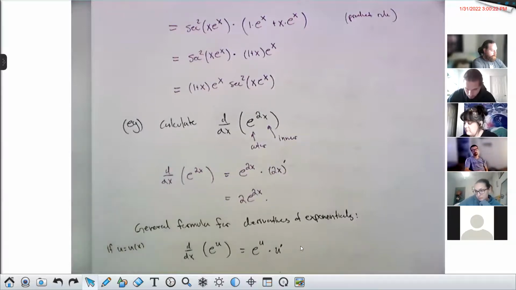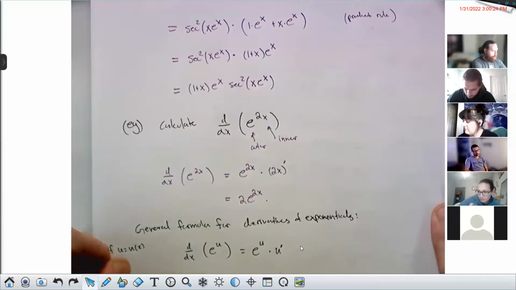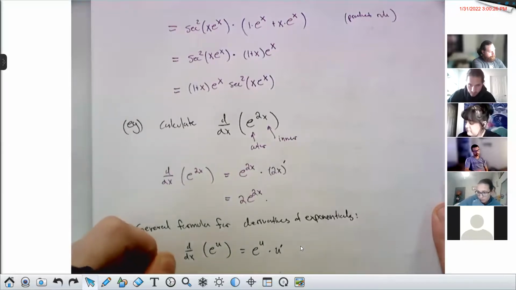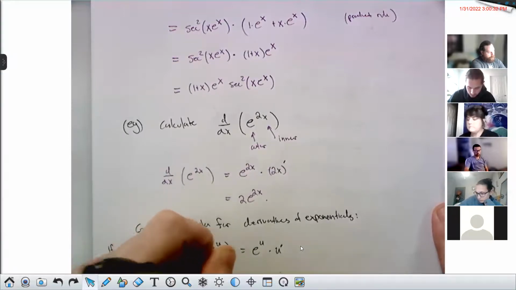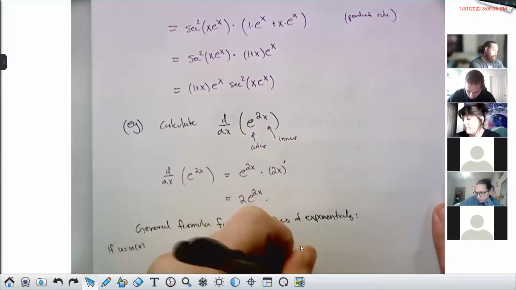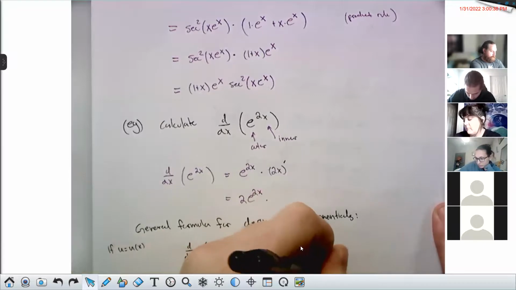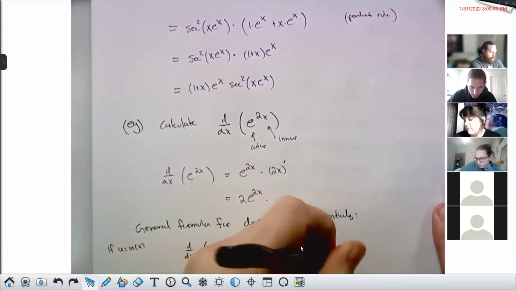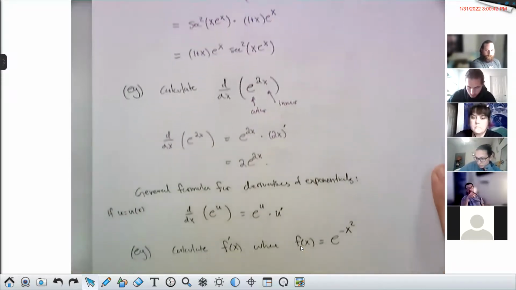So one more quick example here. Calculate f primed of x, where f of x is this very famous curve, e to the negative x squared, like this.